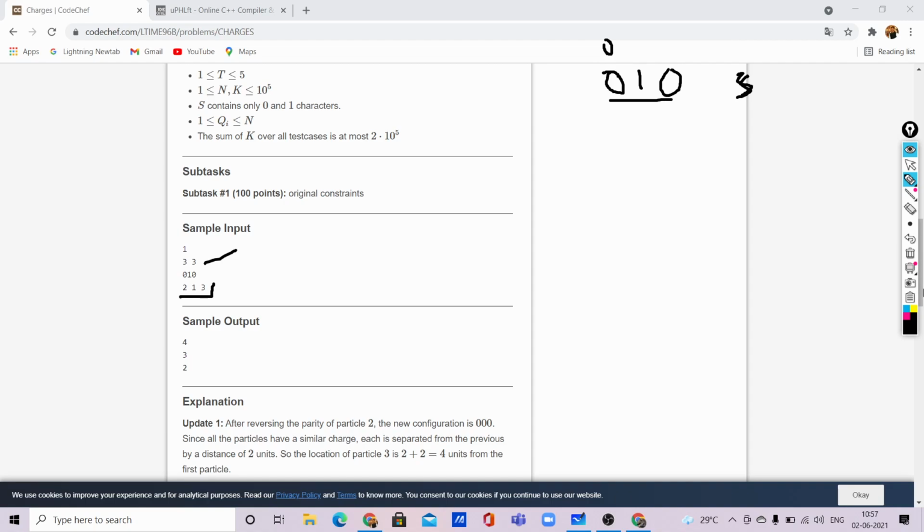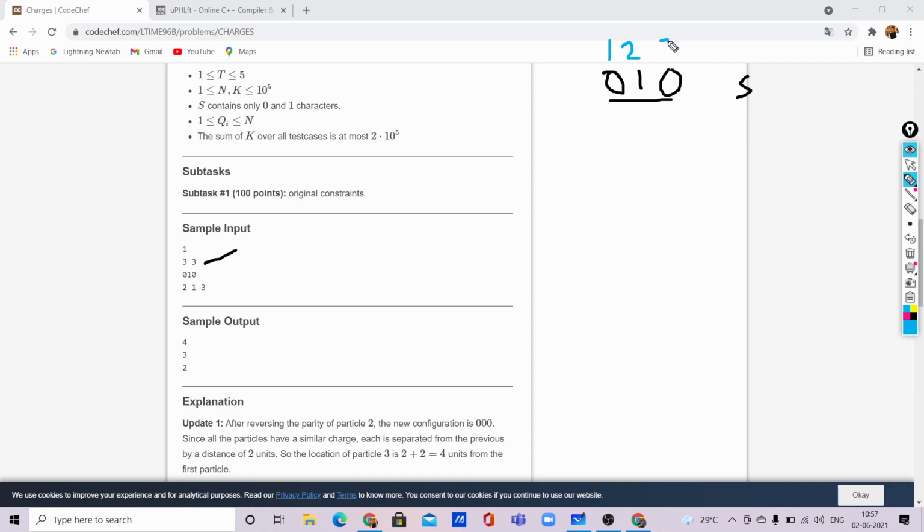Okay, now let us see the indexes of it. Index is 0, 1 and 2. Here one based indexing is given, so let us go with the one based indexing itself.